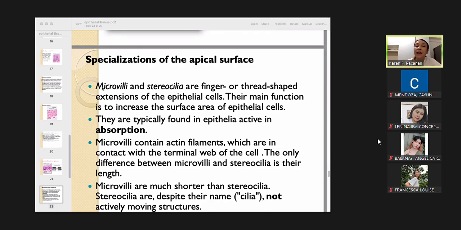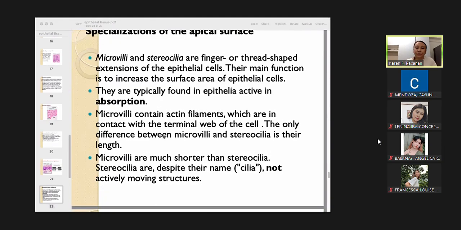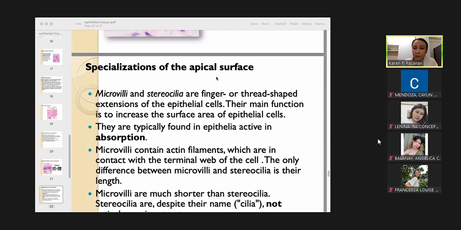But still, the function is similar to microvilli, which is to increase cell surface area. That is why we consider this as microvilli. Stereocilia are also non-motile structures. Okay? So that would be the role of the stereocilia. So for the specializations found at the apical surface, we have 3. First, cilia. Number 2, microvilli. And number 3 would be stereocilia.